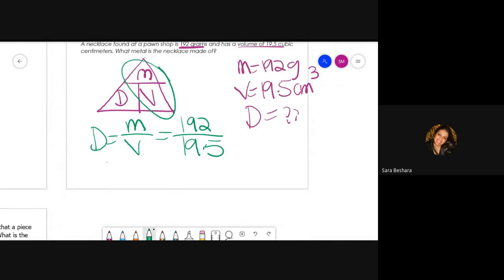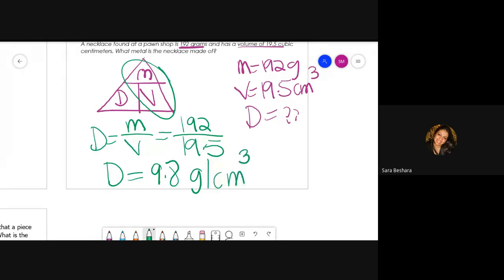Once you plug into the calculator, 192 divided by 19.5 is 9.8 grams per centimeter cubed.